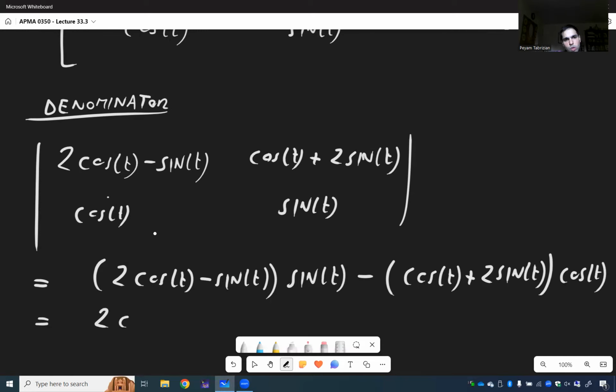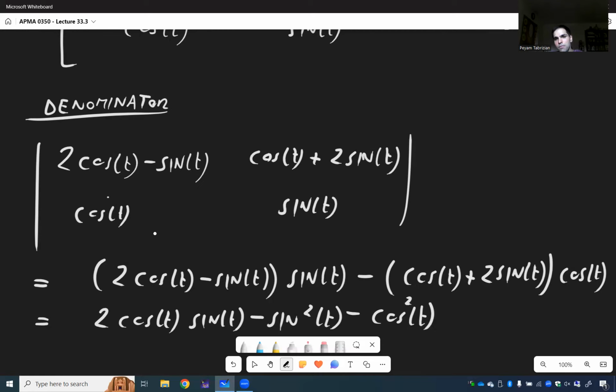So let's multiply this out. So this becomes, I believe, 2 cosine sine minus sine squared, and then minus cosine squared minus 2 sine of t cosine of t.